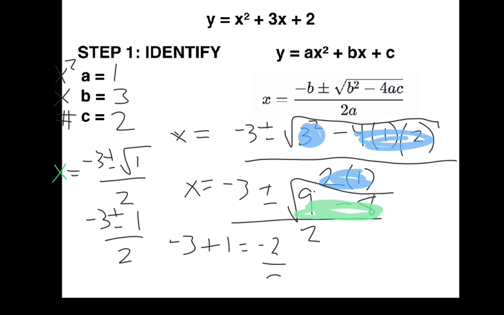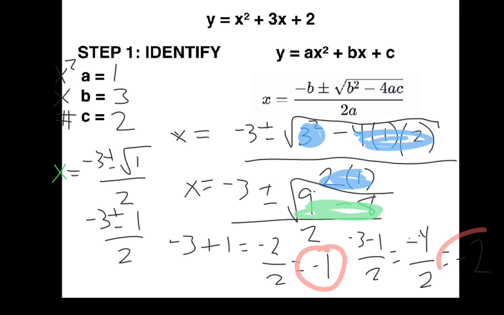When I divide that by 2, I end up with -1. That is one of our answers. And then secondly, I get -3 minus 1 divided by 2, and that's going to equal -4 divided by 2, and I end up with -2. So my two full-blown answers are going to be -1 and -2.